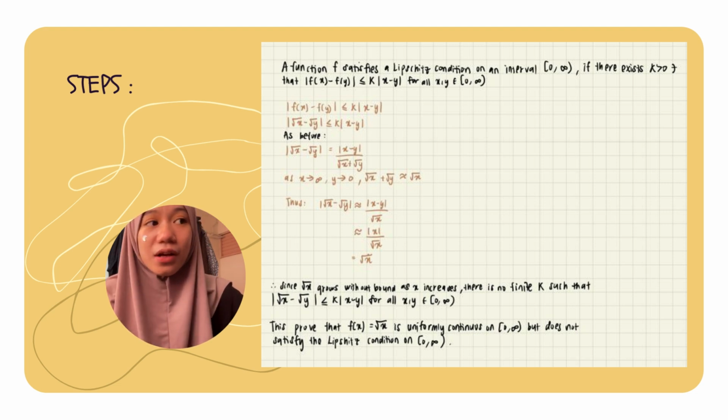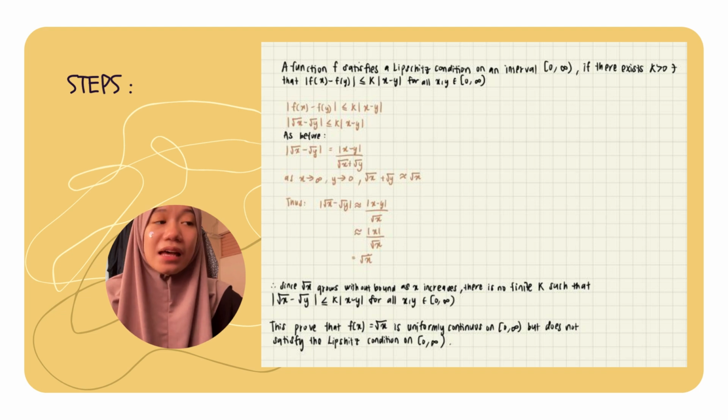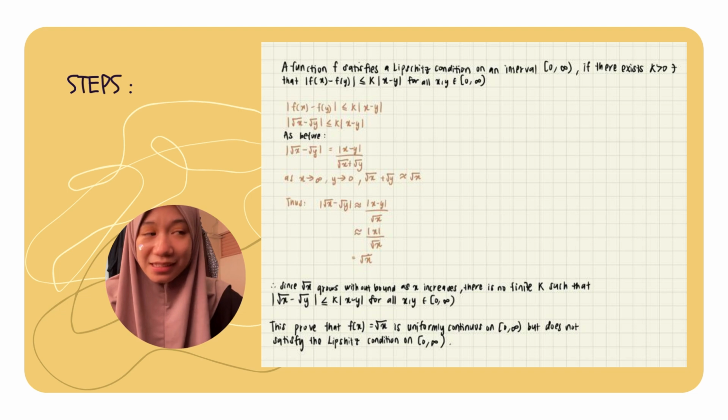And thus, in modulus, we get square root x minus square root y approximately in modulus x minus y divided by square root x. Also, we get approximately modulus x divided by square root x, and lastly we get equal to square root x.